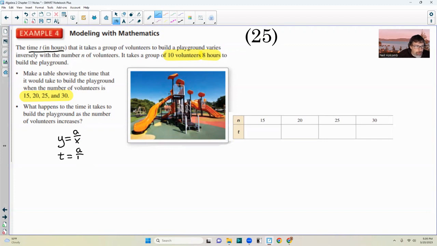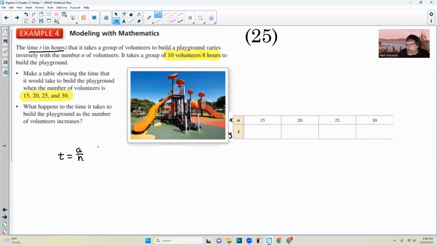Where there's an x, you put an n, and where there was a y, we put a t. Pretty simple, right? In this case, n replaces x, t replaces y. So I'm going to erase this. We're going to use y or t equals a divided by n.